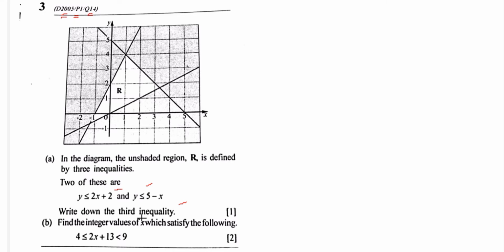Firstly, we identify the corresponding equations of these two inequalities. So here the first inequality is y less than or equal to 2x plus 2. Its equation is simply y is equal to 2x plus 2.